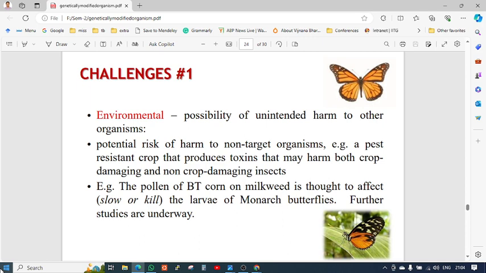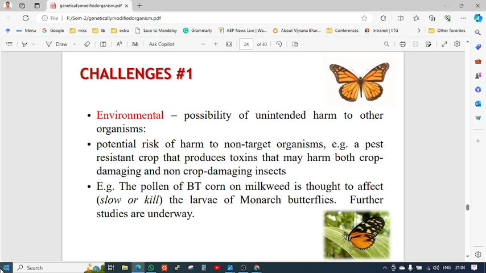But in generating the GMO, we are creating some toxin producing varieties which can kill both good and bad bacteria, good and bad things, or harm both itself as well as the weeds. So these different disadvantages may be called potential risks associated with the GMO.